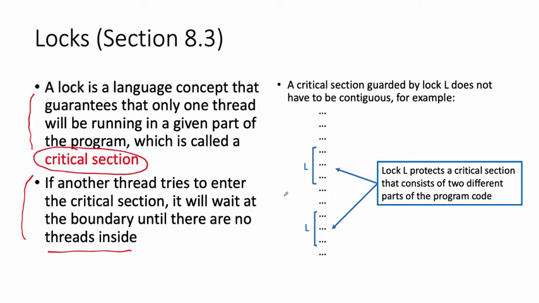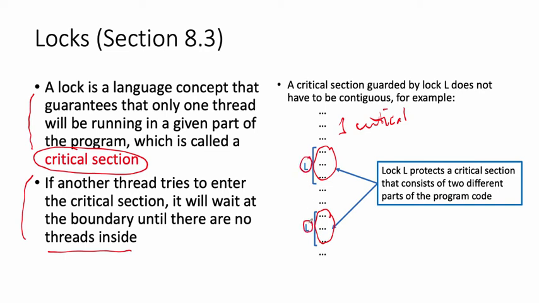Okay, here on the right, I've shown an example. So this is code. So here is a critical section. This is one critical section. A critical section does not have to be a single connected piece of code. It can be separate pieces of code protected by the same lock.